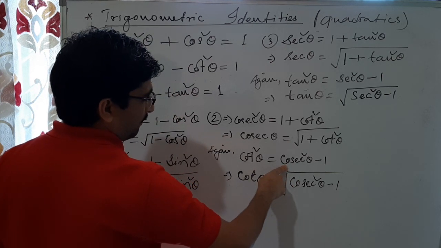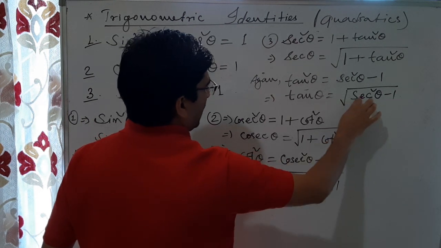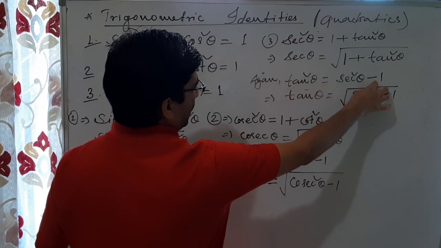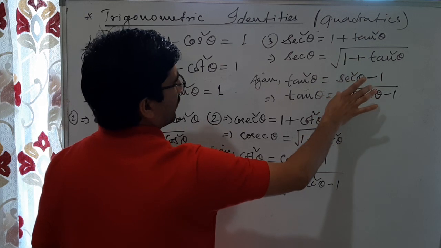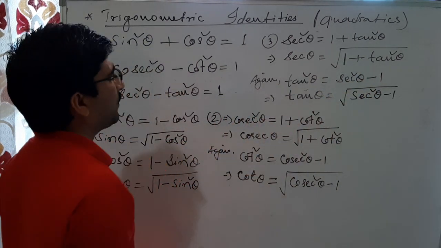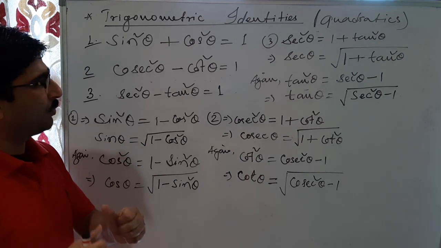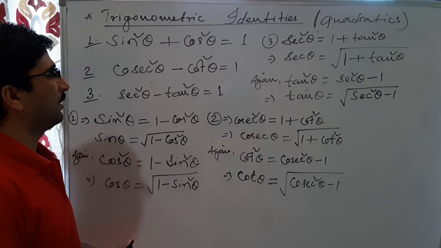That will be wrong. The same thing will happen here also. It is not 1 minus sec square theta. Tan square theta equal to sec square theta minus 1. Write it directly like this. So you have to be clear on all these relations. Then only we can proceed to the exercise, and then we can solve some other questions from there. Okay.